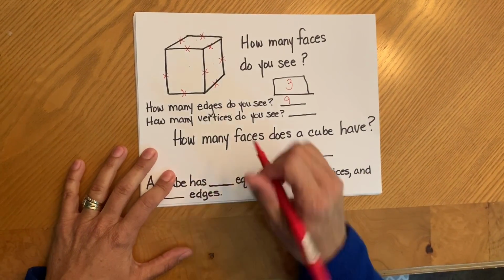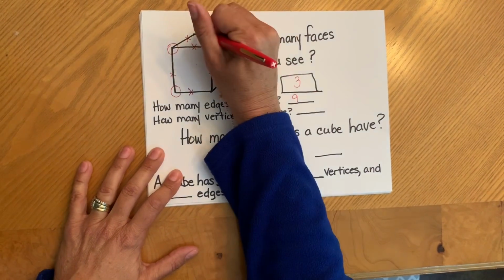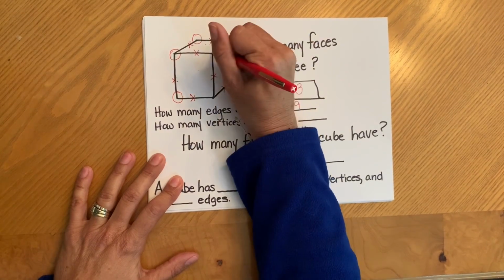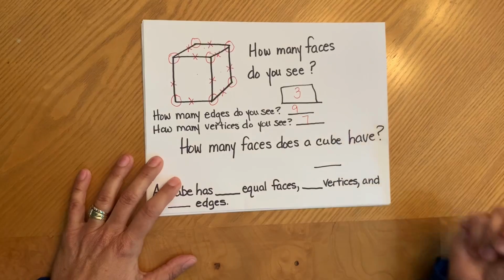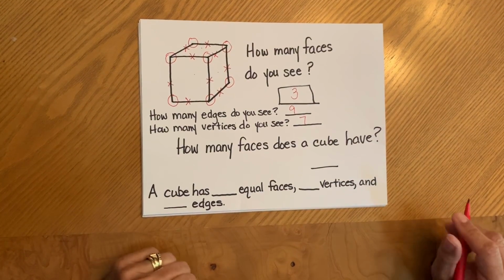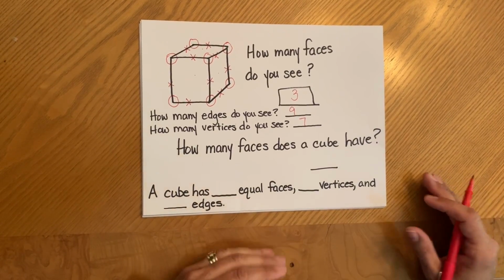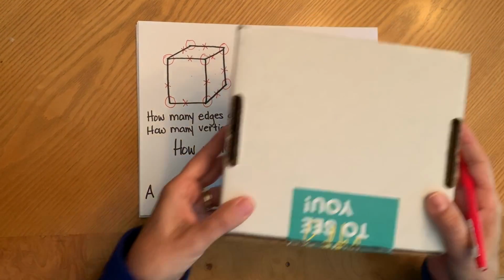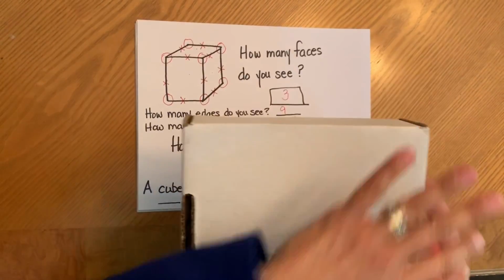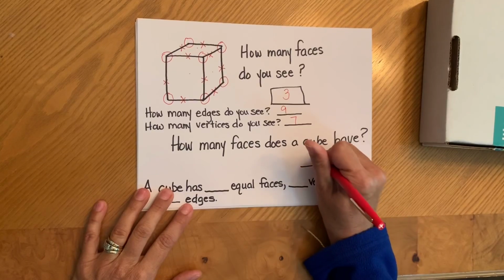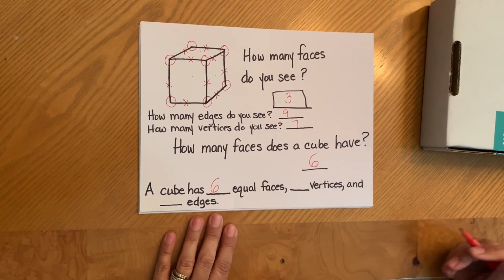How many vertices do you see? We're going to circle those. 1, 2, 3, 4, 5, 6, 7 vertices. Now, for an actual cube, how many faces does a cube have? Well, there's a top and bottom, and then all 4 sides, which is 6 faces. So a cube has 6 equal faces.